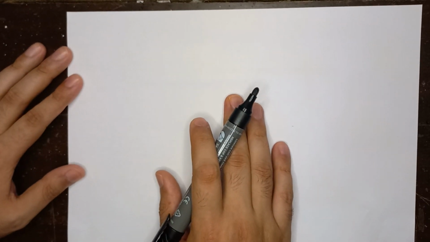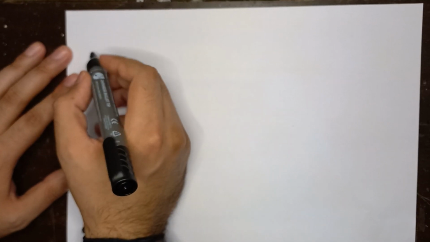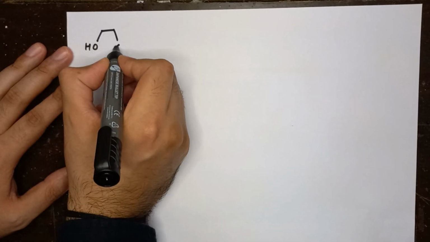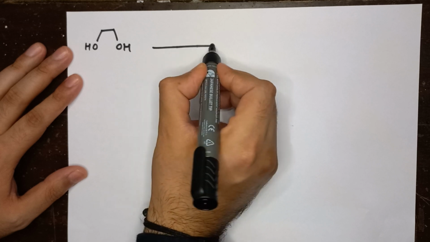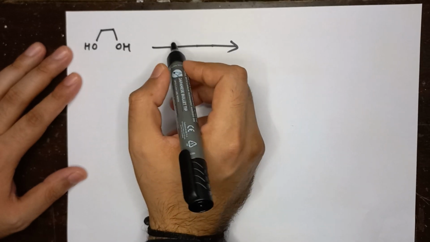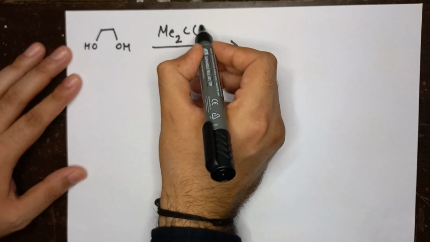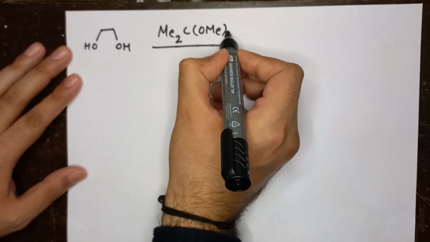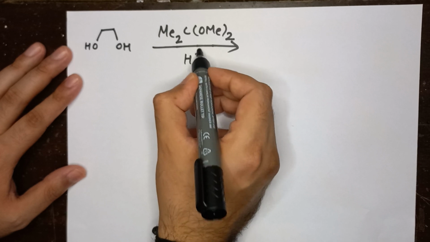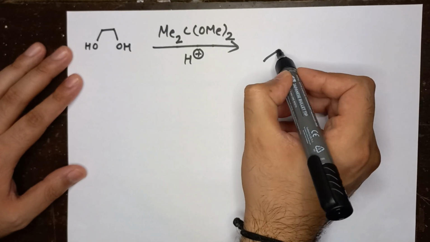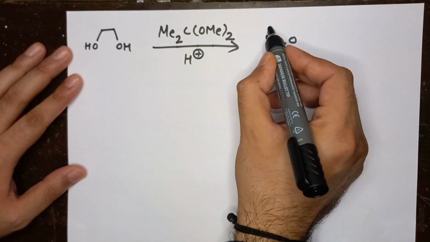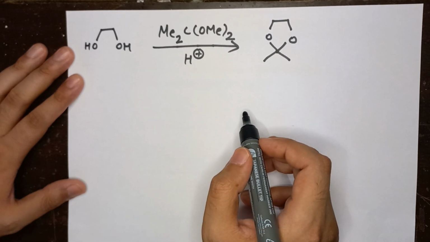Okay, now let's talk about the second method available. You have a diol, and you can protect it by using Me2C(OMe)2 with a catalytic amount of H plus, and you will get this product.